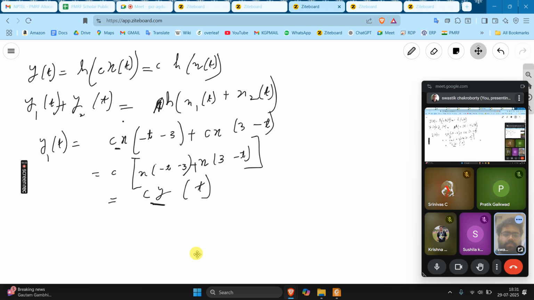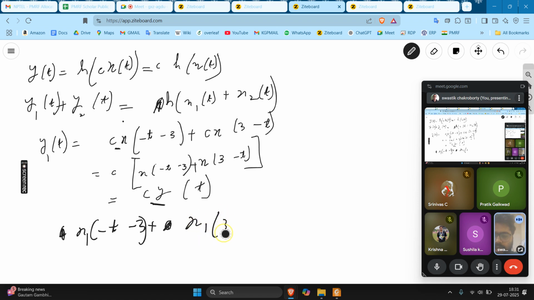Next is additivity. Let's take one sample of input as x1 and another sample as x2. So this is y1 and this is y2.